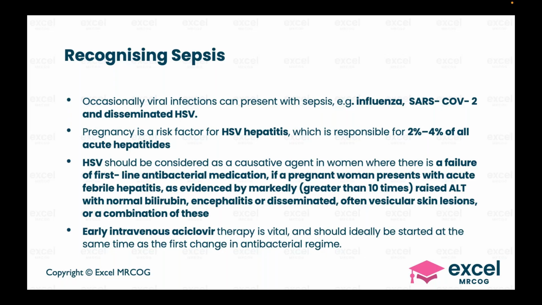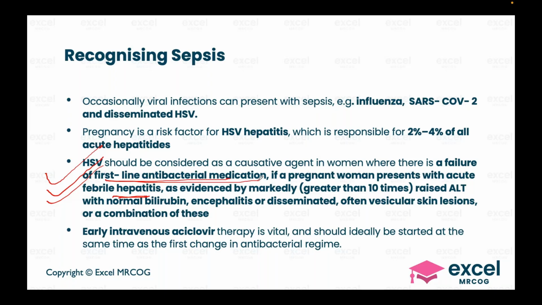HSV needs to be considered as a causative agent in women where there is a failure of first-line antibacterial medication. If a pregnant woman presents with acute febrile hepatitis, and first line antibacterial medication has failed, because the first thing you would think is bacterial infection, if there are no herpetic lesions.